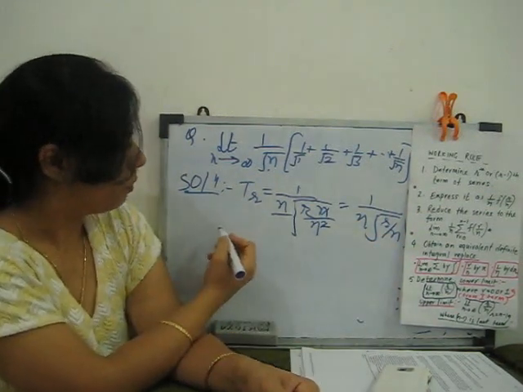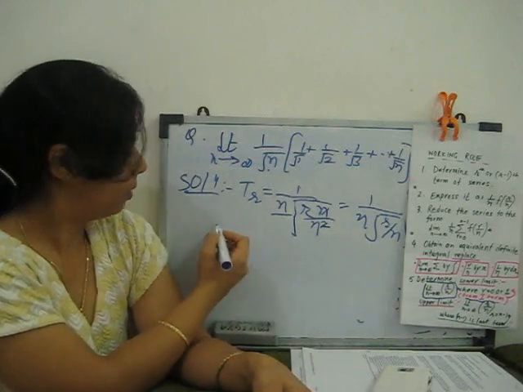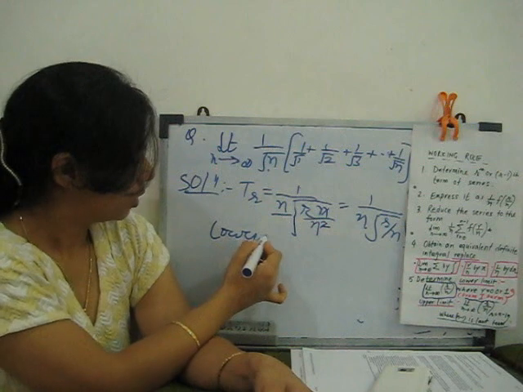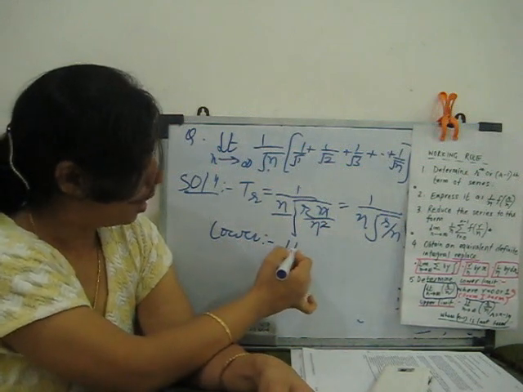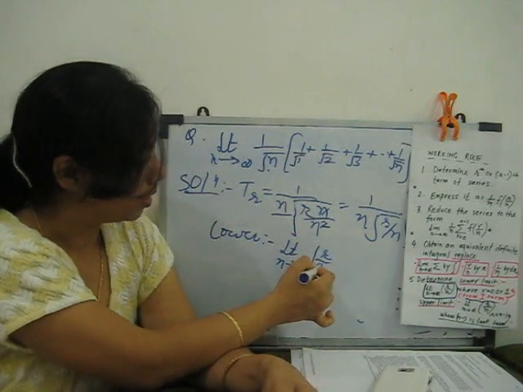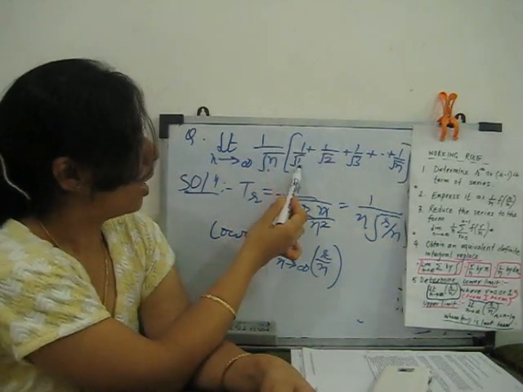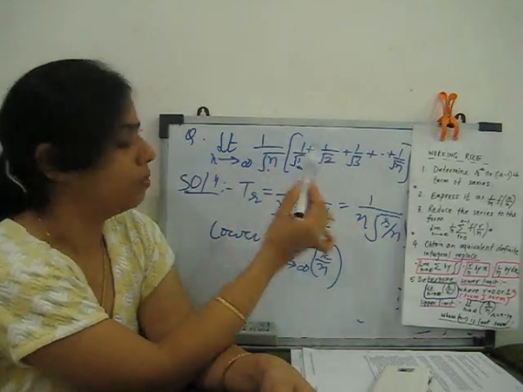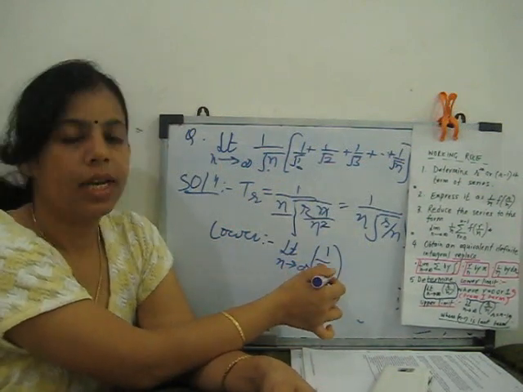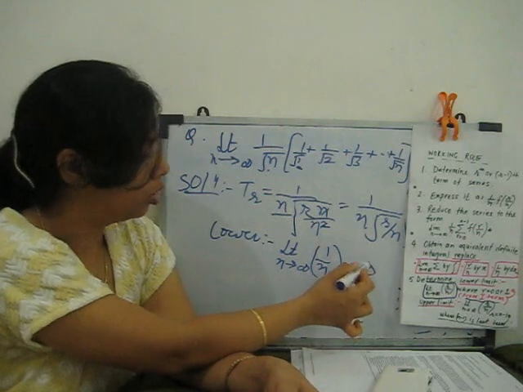Next step, find the lower and upper limits. The lower limit is limit n tends to infinity of r by n. Here, for the first term r is 1, so this is 1 by n, and when n tends to infinity it gives 0.